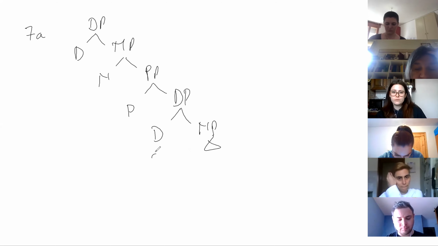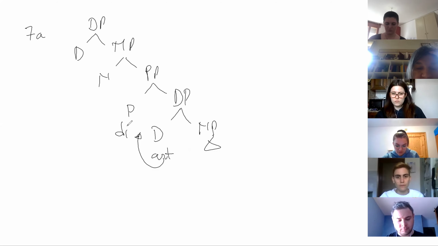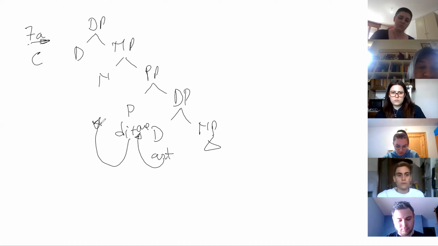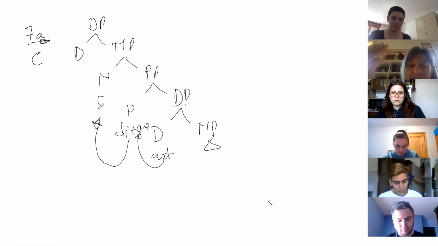The article here moves and adjoins to the preposition here, right? Even in 7A, okay? Now, what does it do in 7C? It moves to the noun because it moves head by head, right?